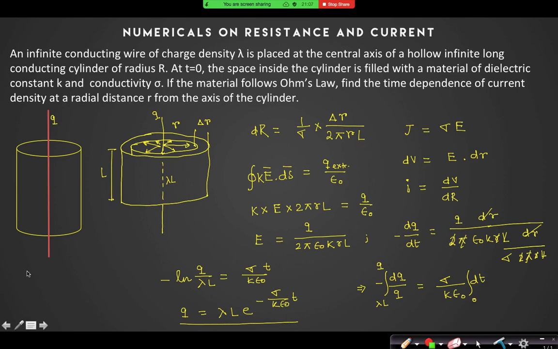So I can find the value of j is equal to sigma multiplied by q divided by 2 pi k epsilon naught r into L, and the value of q is lambda into L into e power minus sigma by k epsilon into t. So L gets cancelled out. Definitely L is not mentioned in your question, so it should not be there. So this should be your function. I don't think any other thing will get cancelled out. Yes. So that should be the function of the current density at a particular distance r.